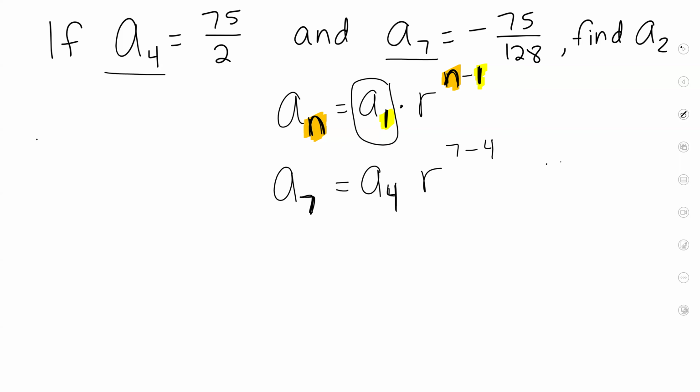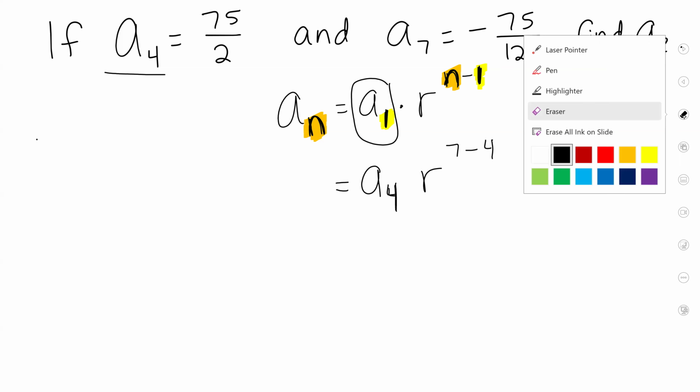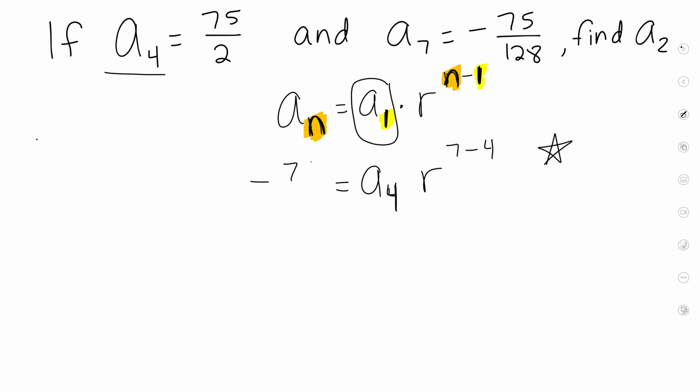Now that I have my formula, let's go ahead and replace our values with what we know. So I know that A7, they told us, is negative 75 over 128. They also told us what A4 is. A4 is 75 over 2.